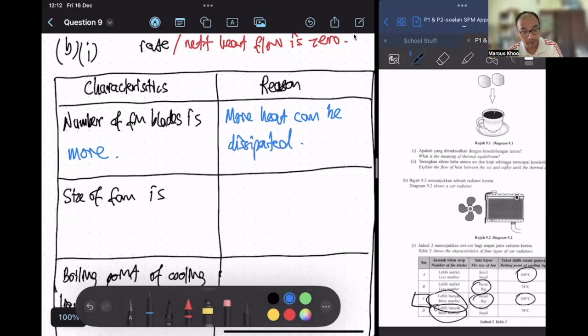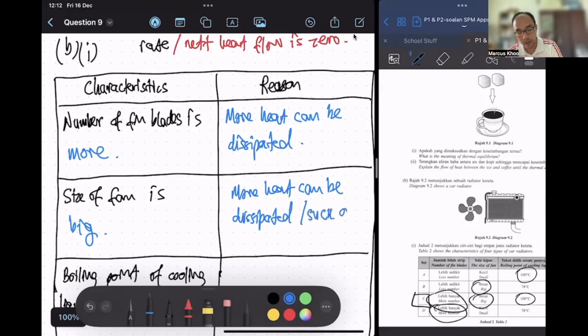The size of the fan is big size, for the same reason, more heat can be dissipated. Or if you want to use another one, it can suck out more hot air. Remember the purpose of the fan is to suck out all the hot air from the water, so that the water can return to the other part of the radiator and bring in more heat.